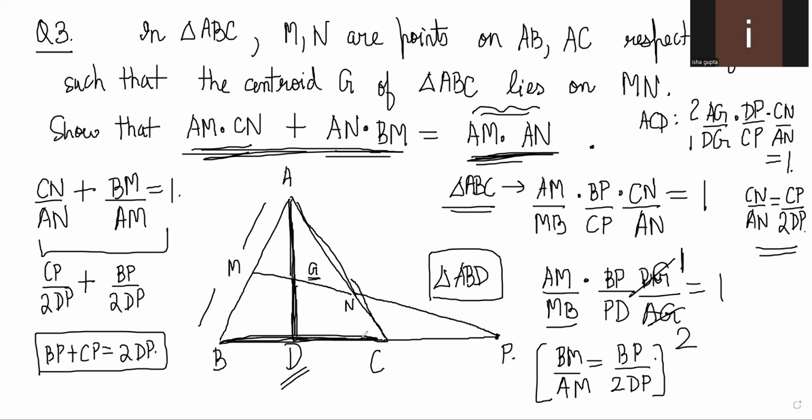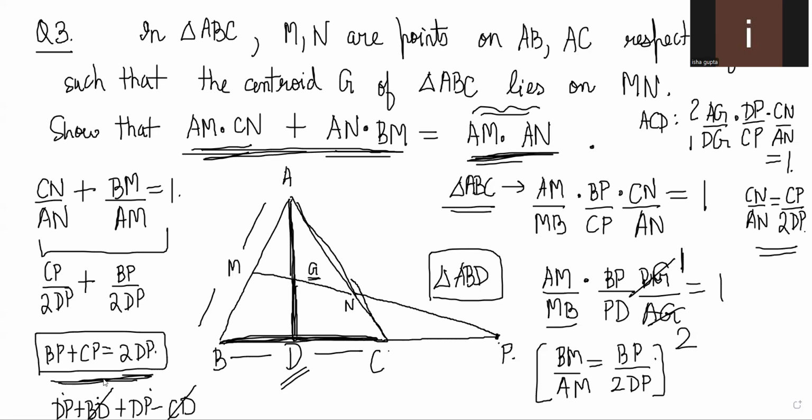So it's obvious, no? Because B to P is actually DP plus BD, right? And C to P is actually DP minus CD. So BD and CD are equal, so they get cancelled and it is 2DP, right?